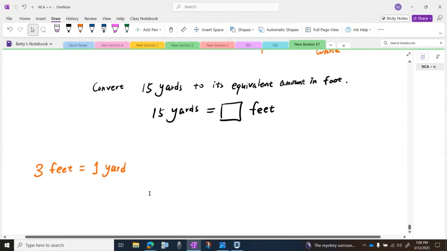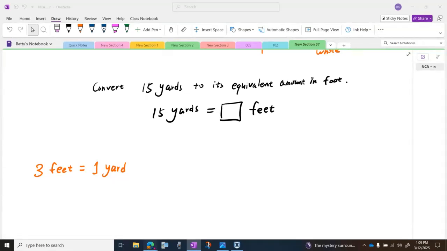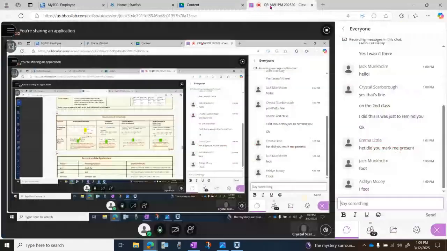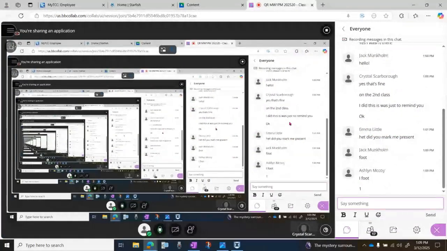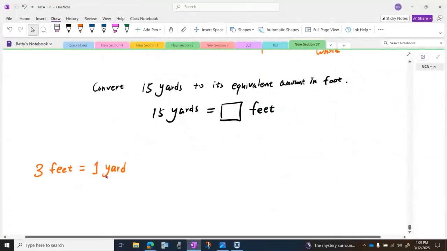Which unit is smaller? 1 foot is smaller or 1 yard is smaller? Is 1 foot a shorter length or 1 yard a shorter length? Foot is shorter. Exactly. Awesome. Perfect. So between those two units, foot and yard, foot is a smaller unit.